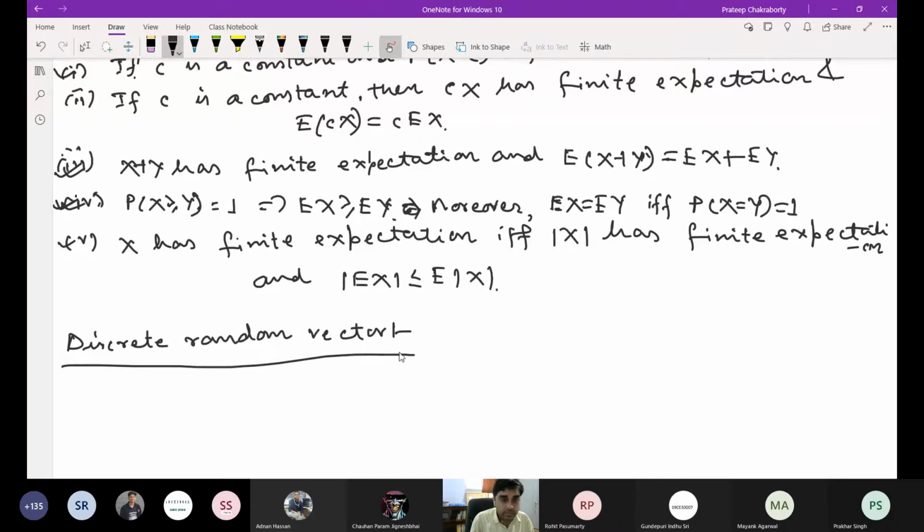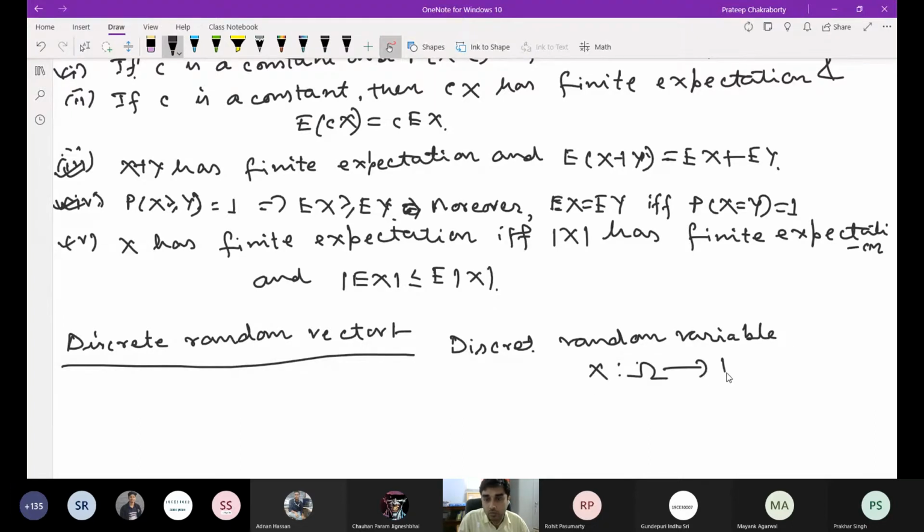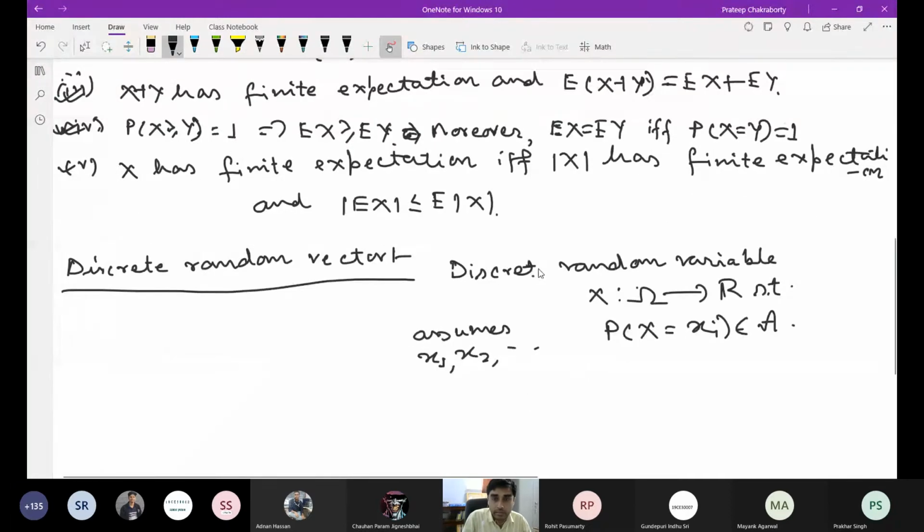So this is something very much like a discrete random variable. For a discrete random variable, we define a map X from the sample space to R such that P(X = xi) assumes some finite or countably infinite values, such that this is an event. A similar case happens here.